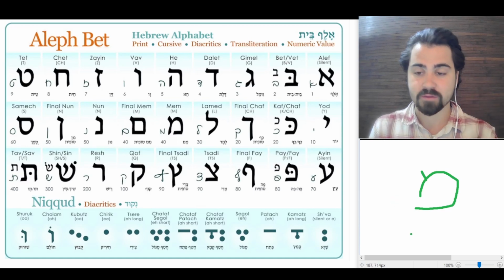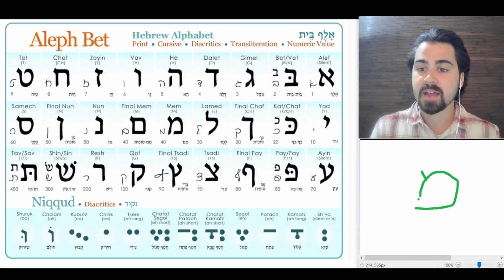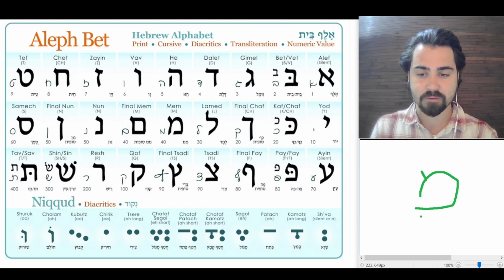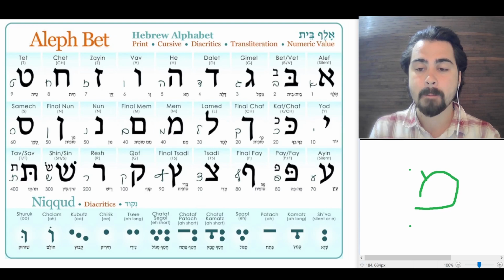Now something I've yet to tell you is that the vav with a dot on top, mo, we can remove the vav, leave the dot on top, and it's still mo.